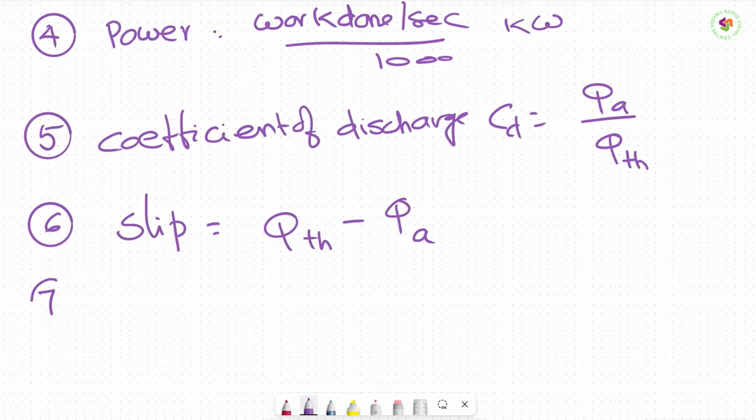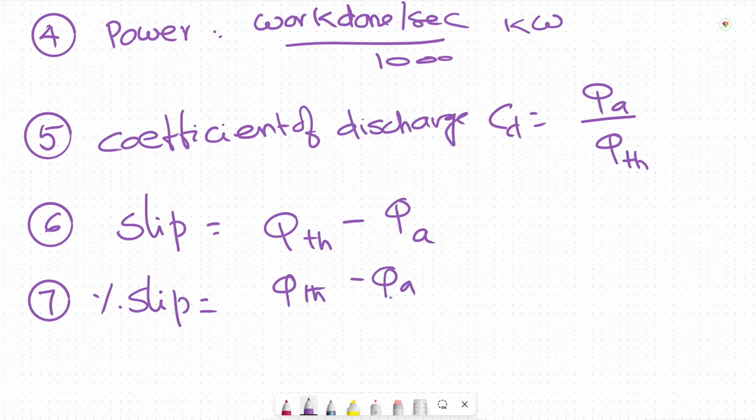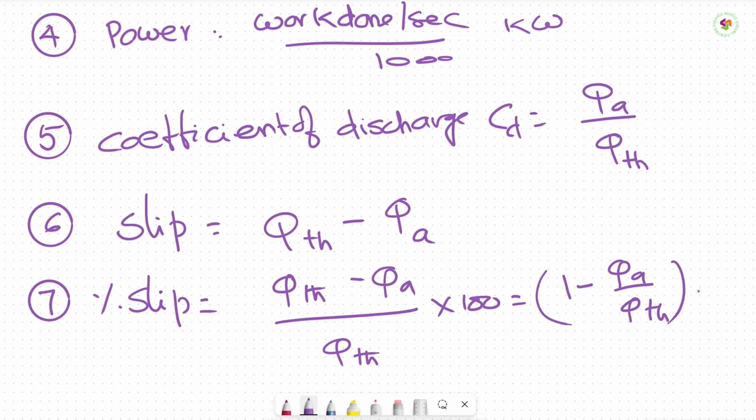What is percentage of slip? It is equal to (QTH minus Q actual) by QTH into 100. This is nothing but 1 minus Q actual by Q theoretical, into 100. It is equal to (1 minus CD) into 100.